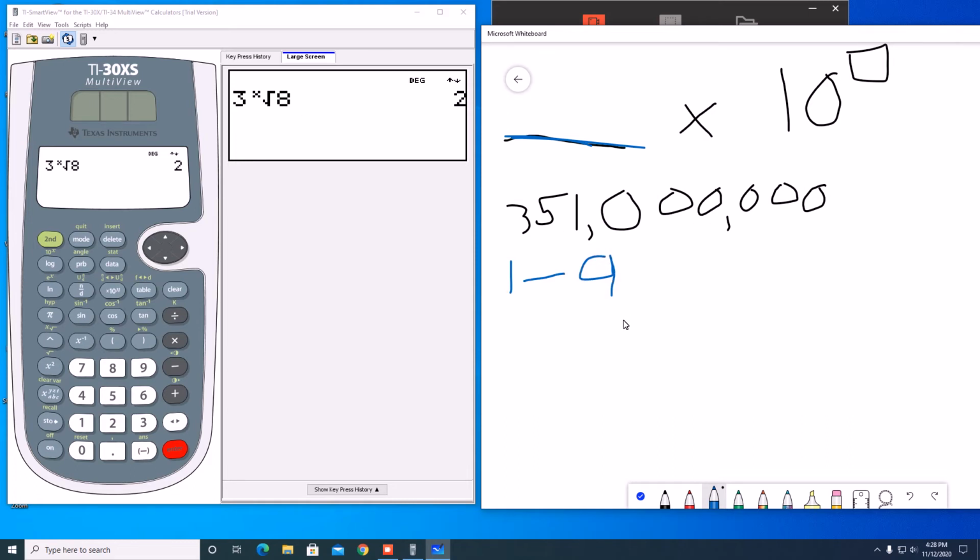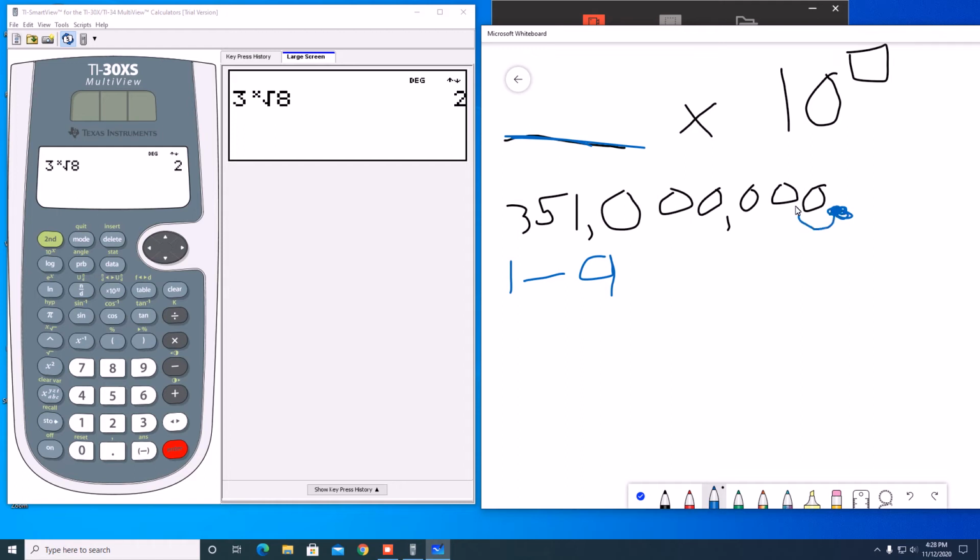So it has to be a 1-digit number, basically. So what I do is I move my decimal over to make it a number between 1 and 9. So with any whole number, always imagine that you've got a decimal behind it. And so I'm going to count it over until I make this a number between 1 and 9.